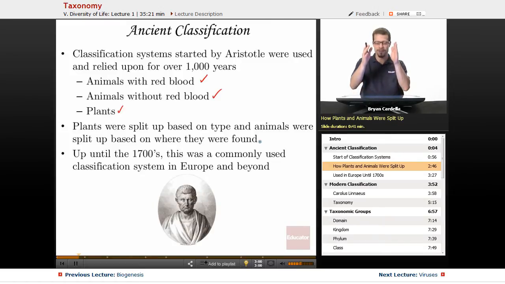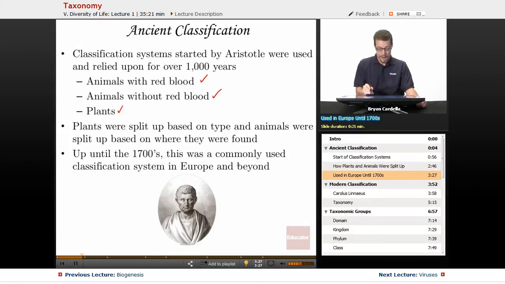Because when you have very strict determining characteristics, like, oh, there's the water animals, there's the land animals, air animals. Well, what about a duck? A duck can be in all three. They can fly, they can go through the water, and they can walk on land. So yes, obviously some problems with his system. However, up until the 1700s, approximately, this was a commonly used classification system in Europe and beyond.